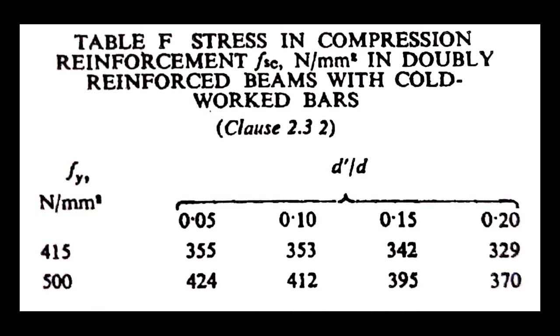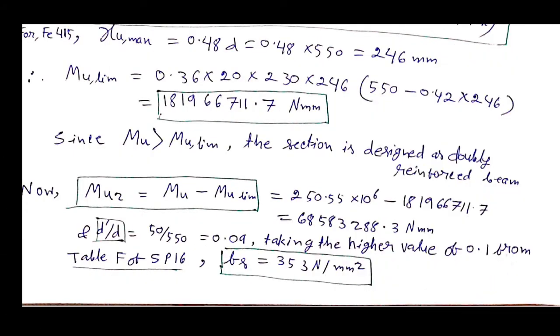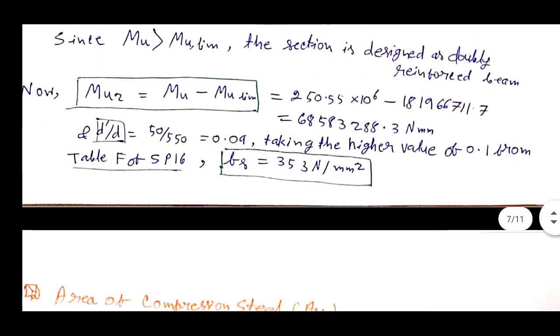As I told earlier in the previous video, the link of which you will get in the description, if we get any intermediate value, we have to take the upper, the greater value. So in this case we will take 0.1, and our grade of steel is Fe 415. So the value of Fs will be 353 Newton per millimeter square.